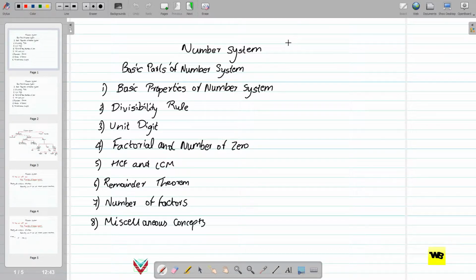So basically we are going to see all about number systems for CAT purpose, railways, or for any other exam purpose.